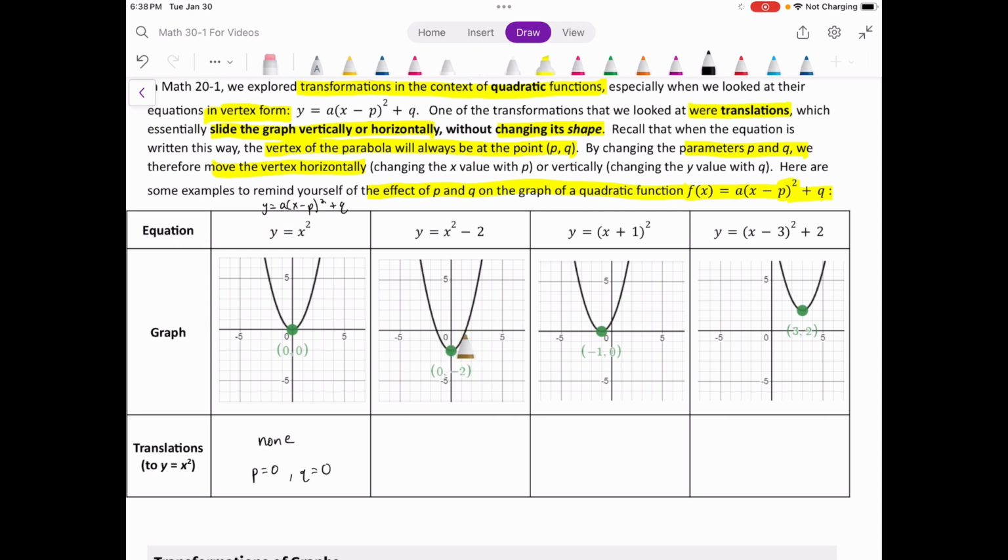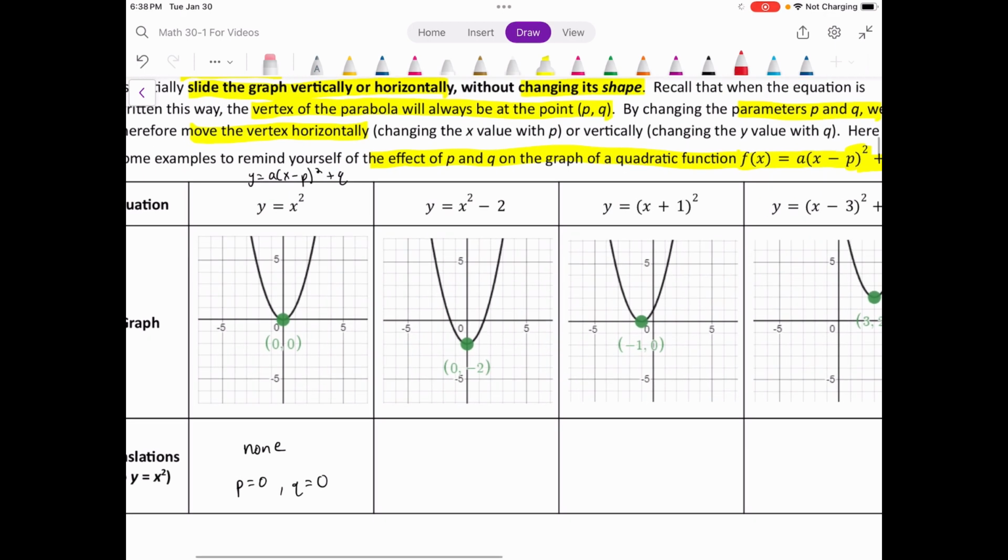Moving on to this one, though, y equals x squared minus 2. Well, look what's happened. By putting a negative 2 in q's place, instead of just y equals x squared, it's now y equals x squared minus 2. It's been translated, shifted 2 units downward, right? The vertex was here, now it's there. Of course, we can do this for any point.